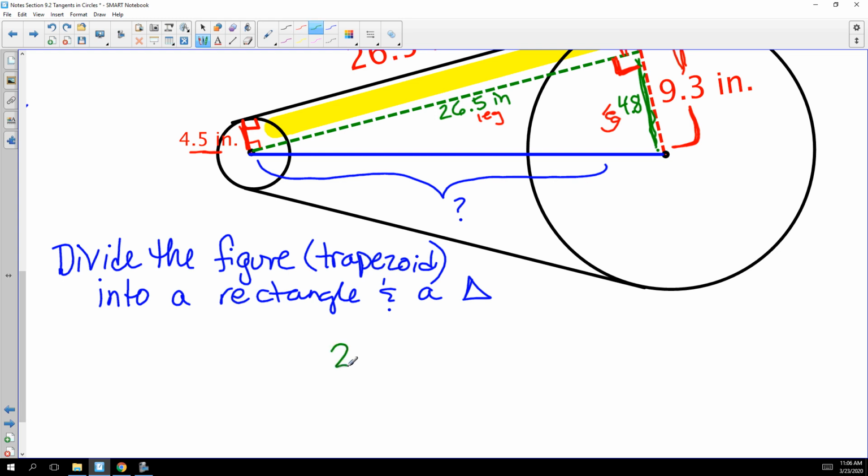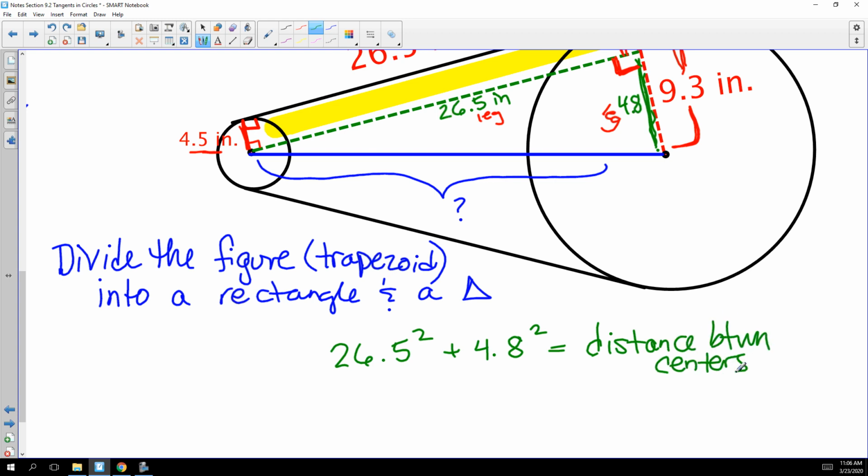So we're going to do 26.5 squared plus 4.8 squared is equal to distance between centers squared. And probably what I'll do in this very next step is I'll give it a name. So I'll call that A, and I'll call that M.